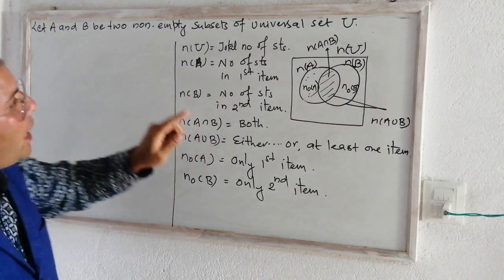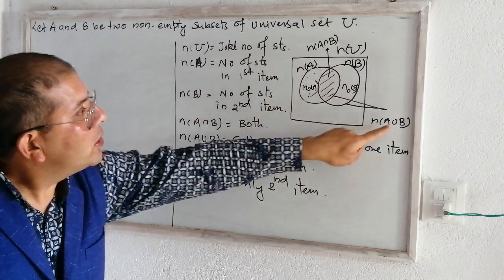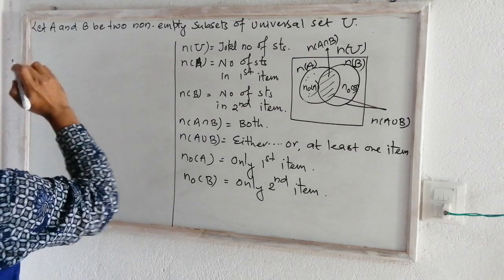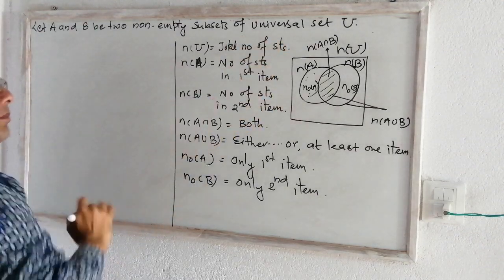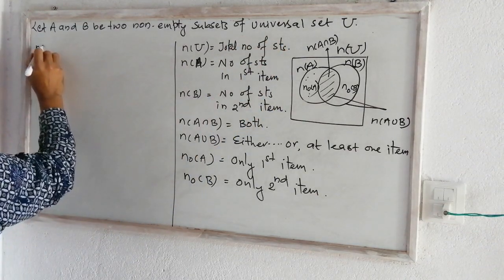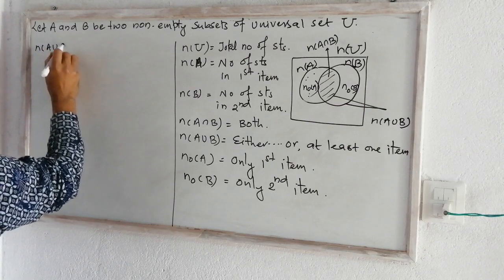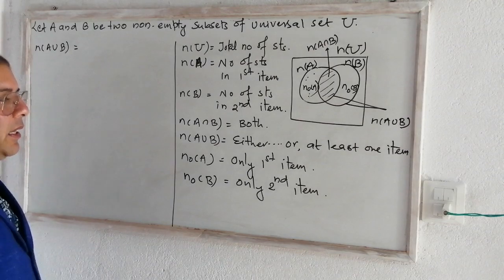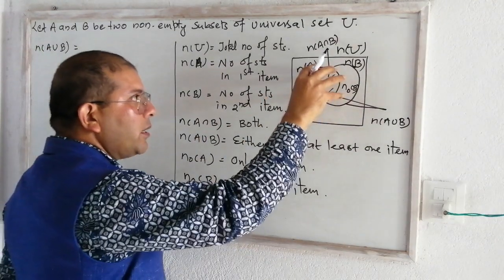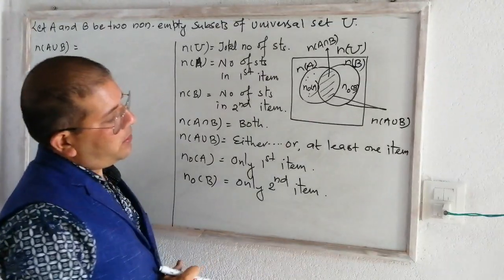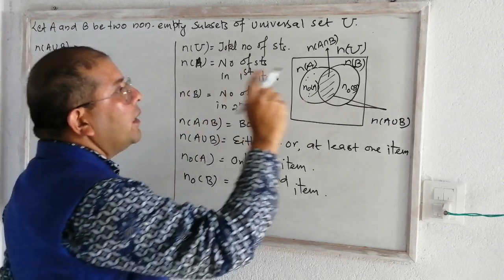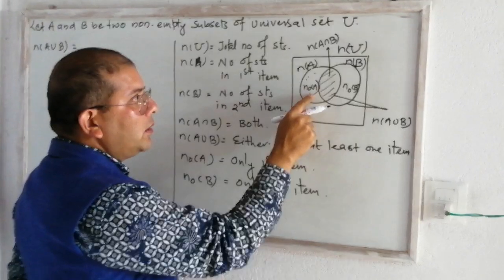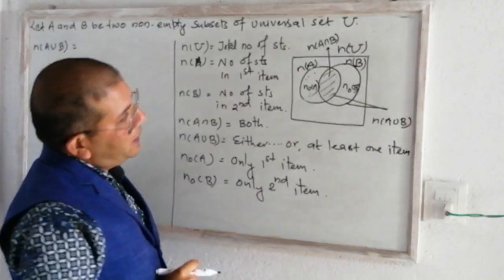Now I want to derive n of A union B. Now look here. From this Venn diagram, I want to write n of A union B. It is the combination of only these two circles. In this combination of these two circles, there are 1, 2, 3 regions.